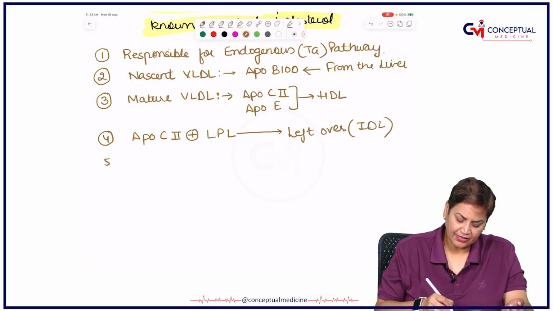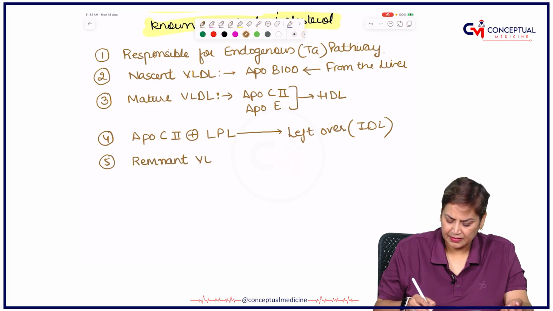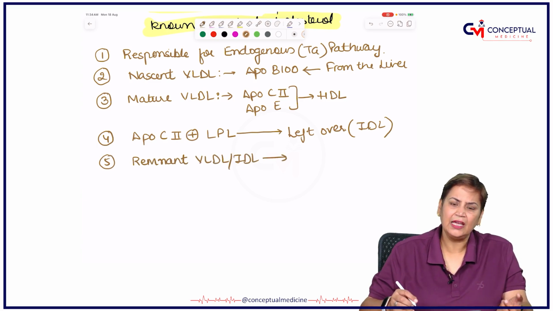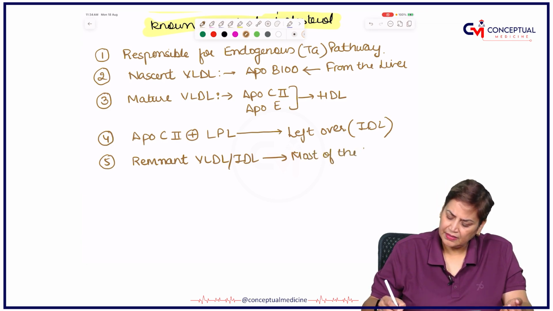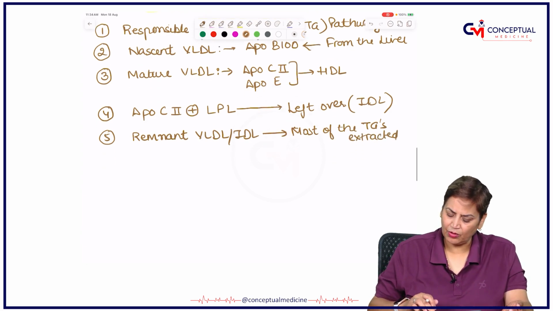So what is a remnant IDL? Remnant IDL is actually VLDL with most of the TGs extracted, because LPL is an anabolic enzyme.